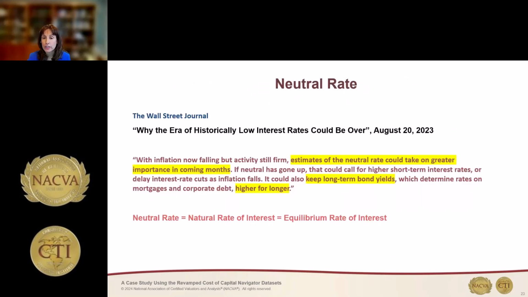Now, we do this analysis, and part of this essential analysis is looking at what that real rate is. And we had started doing that since 2015. There were a lot of academics looking at what that estimate for the real rate was. They called it different things. They called it R star. They call it neutral rate, natural rate of interest or equilibrium rate of interest.